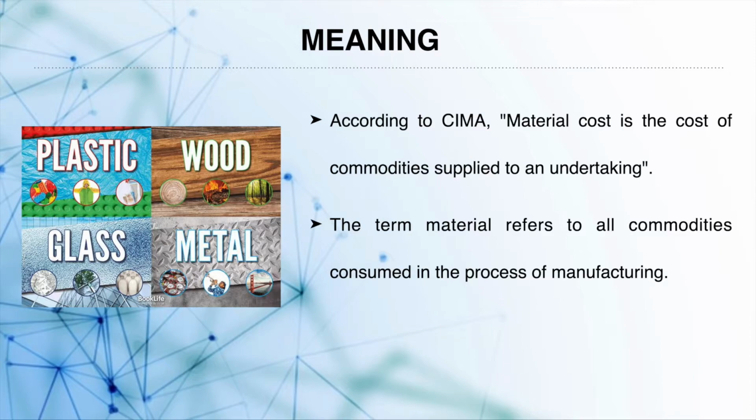Although wood is the basic material for any such manufacturing company, I also need other commodities, like nuts, bolts, screws, oil, polishing paper, machines, and a lot of other things. That is the meaning of all commodities that have to be consumed in the process of manufacturing.